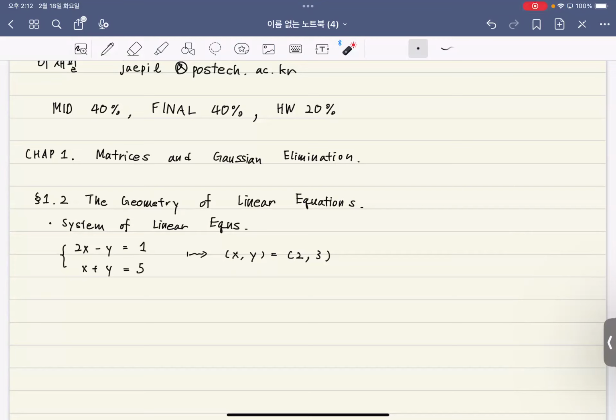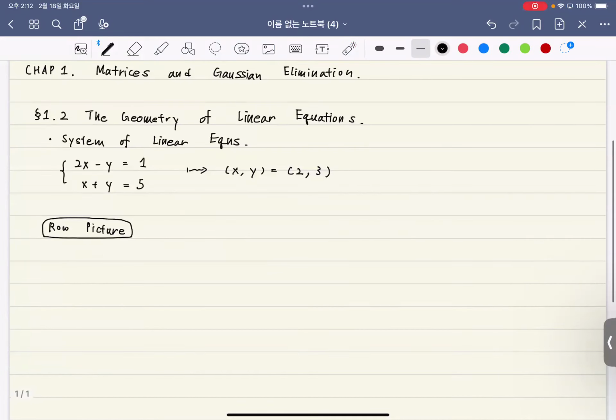So the first viewpoint, he calls the row picture. What is the row picture of a system of linear equations? Well, which is very easy.